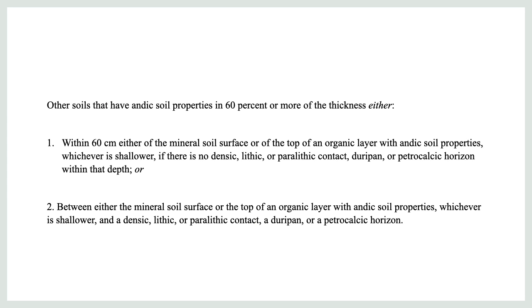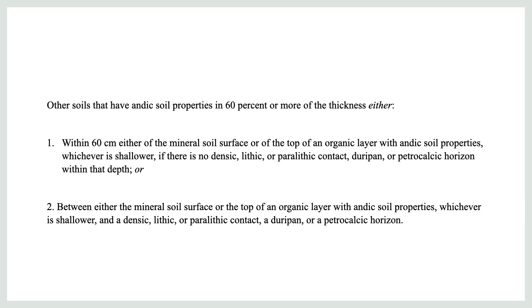And to classify a soil as an Andisol, I need that specific soil profile cannot be classified as a Gelisol, cannot be classified as a Histosol, cannot be classified as a Spodosol, and then this soil registers andic soil properties in 60% or more of the soil thickness.